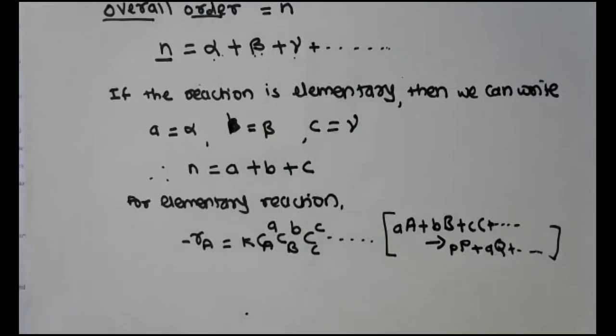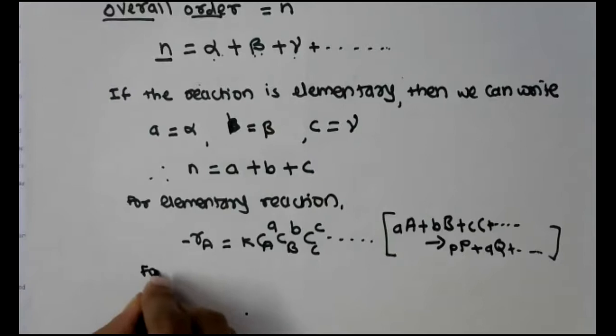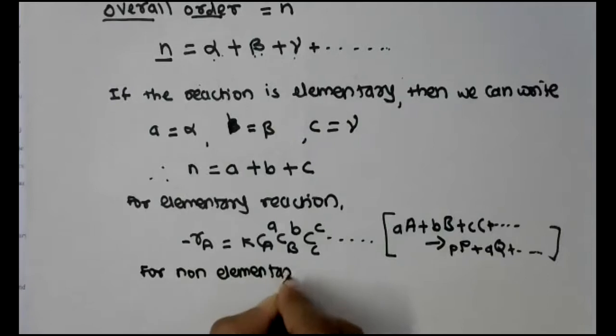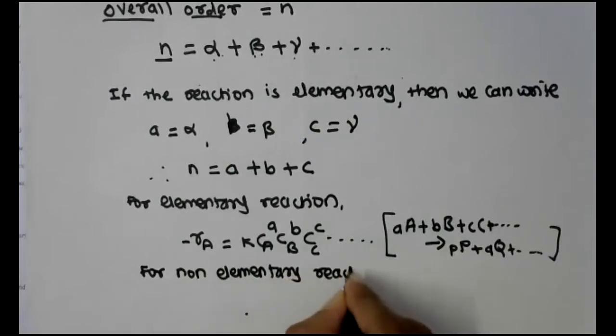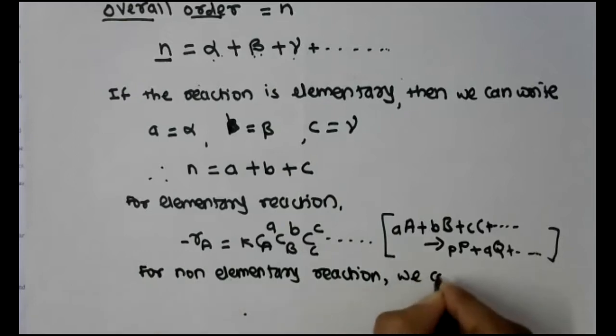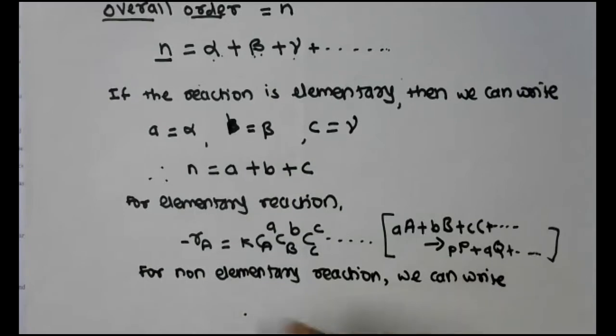However, for a non-elementary reaction, we can write minus rA is equal to k CA raised to alpha, CB raised to beta, CC raised to gamma, and so on.